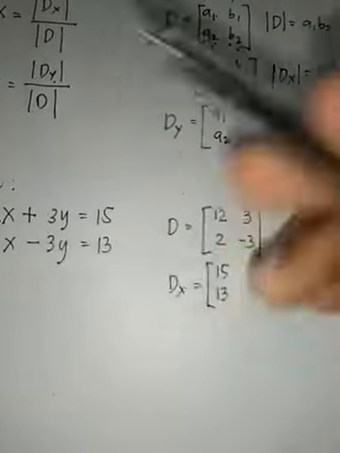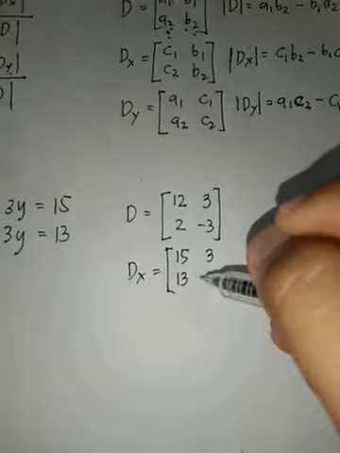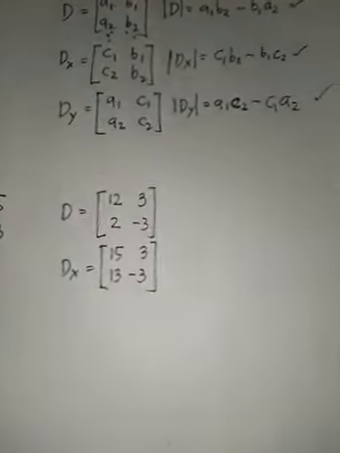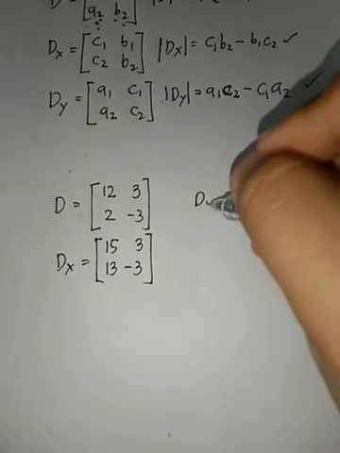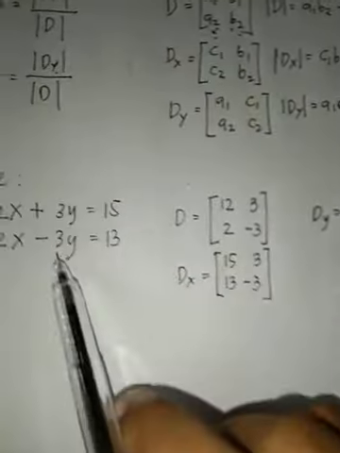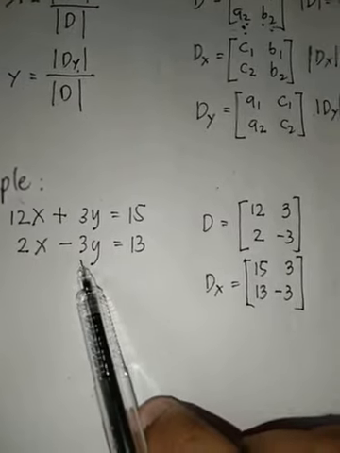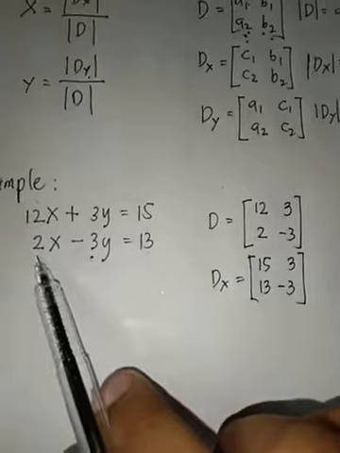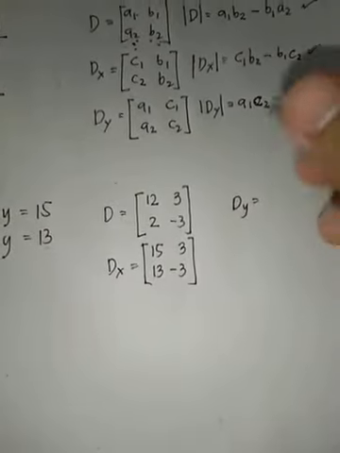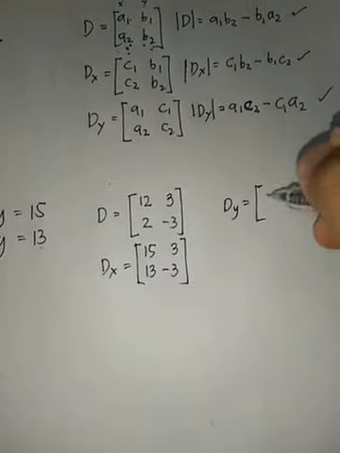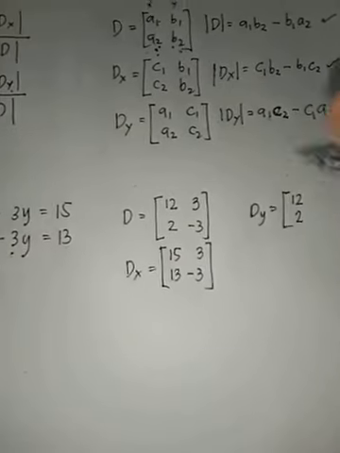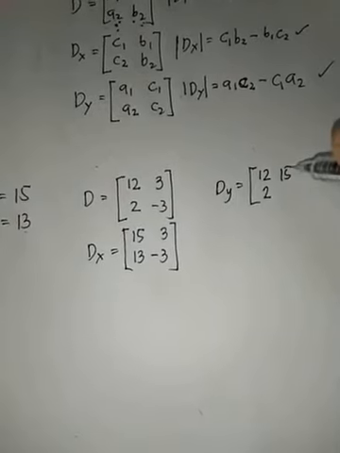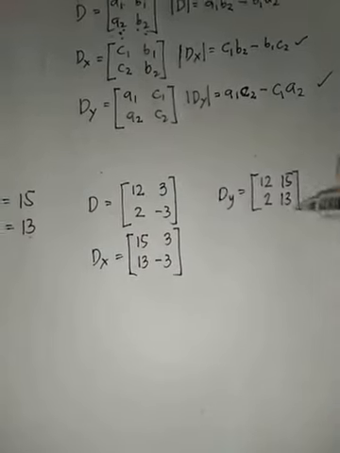Then, ito, copy. 3, negative 3. For the dy, itong b coefficients, palitan nito, then copy this one. So magiging 12, 2. Then instead of 3, negative 3, palitan ng 15 and 13.